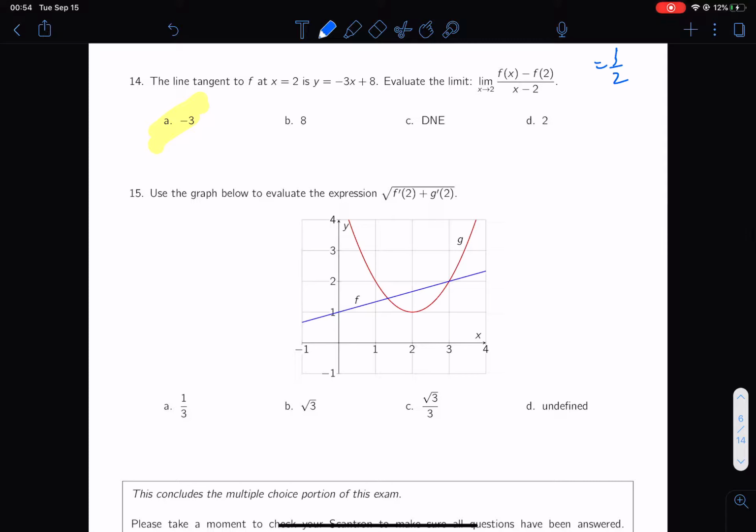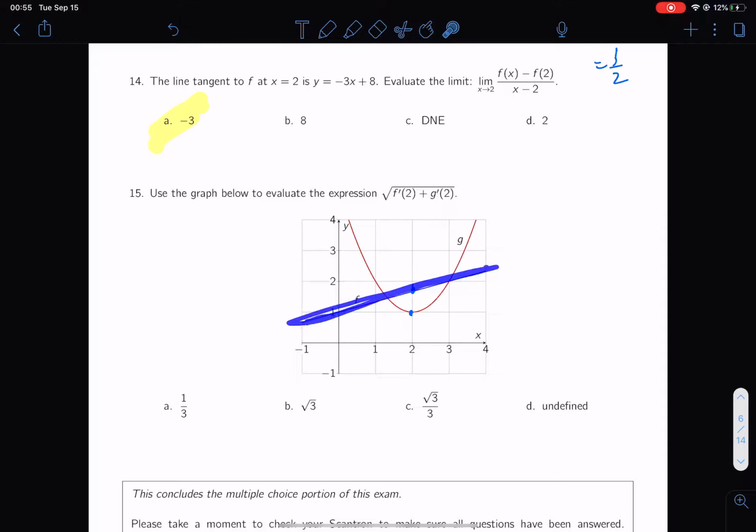For question 15, this is one of the examples in class. I made a mistake in this question. For this one, we are given two function graphs, f and g. The question is asking, what is f prime of 2? F prime of 2, we know this is the point 2. This is f. So for f prime of 2, the tangent line of a linear function is just itself.